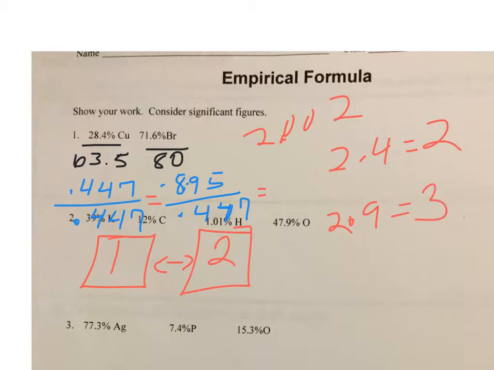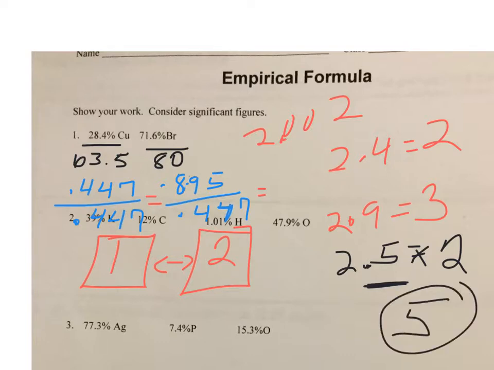Very good. Okay, now what's different is what if I had landed at 2.5? When I have a 0.5, you can't round off, okay? And I'm going to tell you why. When you have your periodic table, can I have a nitrogen 2.5? I can't have half an atom, right? Okay, so only when it lands on the 2.5, you're going to multiply times 2. So 2.5 times 2 would have given me 5, and this would have been for bromine.